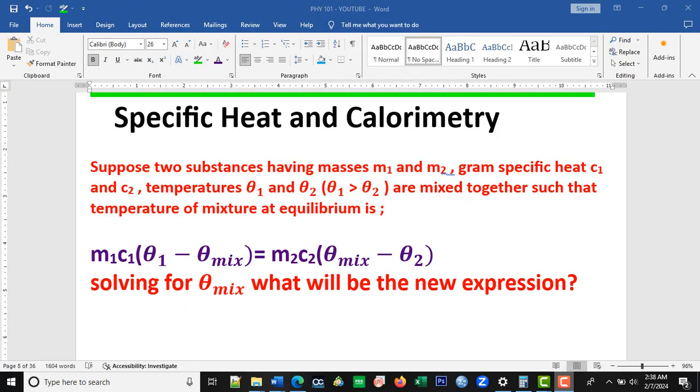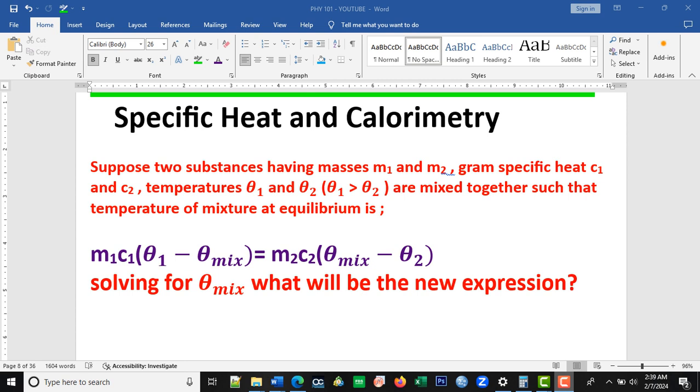Today we are going to look at another example on specific heat and calorimetry. And this one says, suppose two substances having masses M1 and M2 in grams, specific heat C1 and C2, and temperature θ1 and θ2, where θ1 is bigger than θ2, are mixed together such that the temperature of the mixture is at equilibrium.